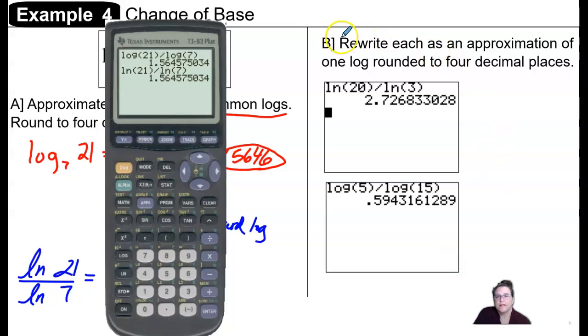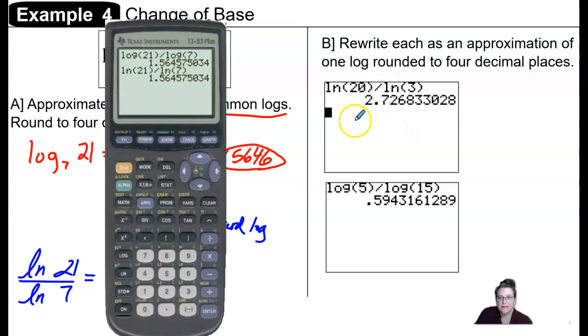Now in example B, we're asked to rewrite each as an approximation of 1 log rounded to 4 decimal places. So we've got a ratio of natural logs here, the natural log of 20 divided by the natural log of 3.